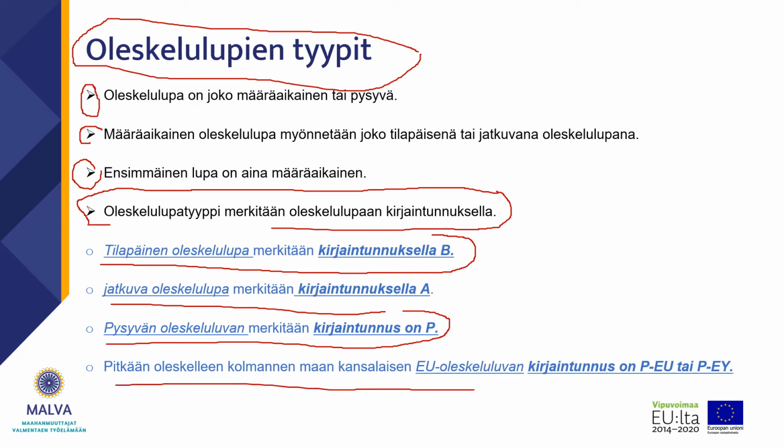There are other letters also, as I mentioned. If your residence card has letter PEU or PEY, that means an EU residence permit for third country nationals with long-term EU residence status indication on your cards.